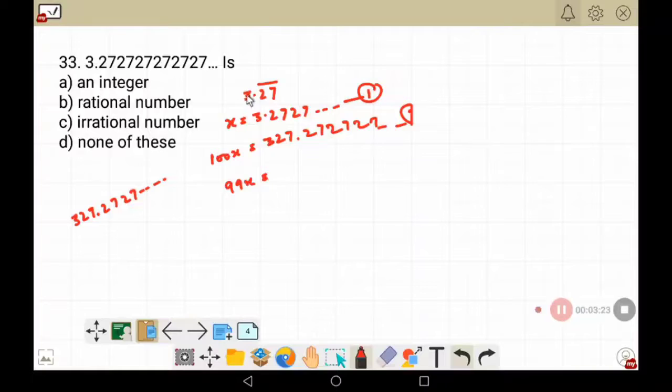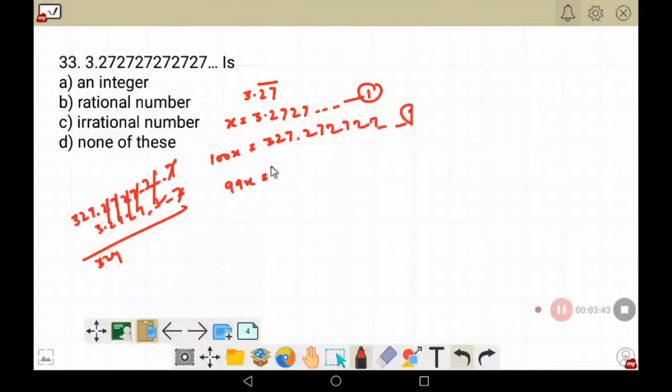Subtract 3.2727 dot dot dot from 327.2727 dot dot dot, digit by digit, 2 with 2, 7 with 7, and what are you left with? 324. So 99x equals 324 and x equals 324 upon 99.